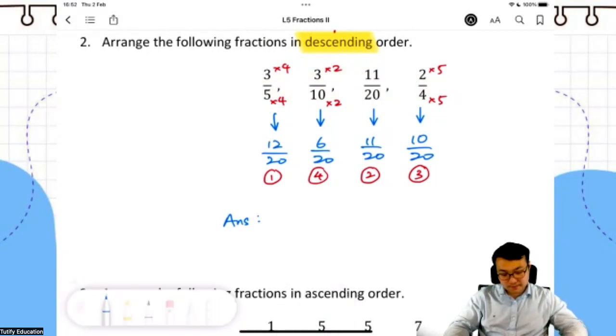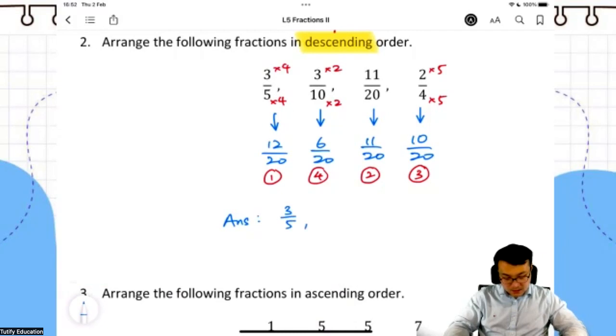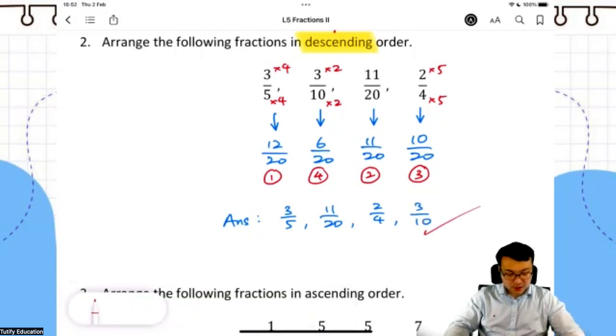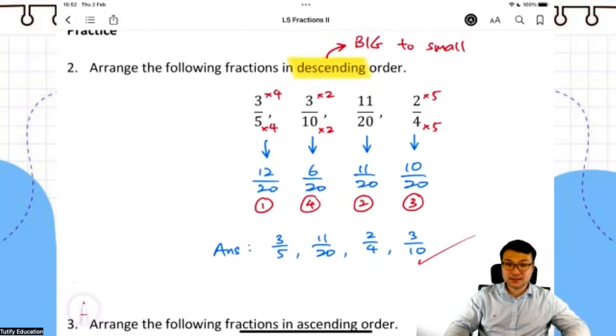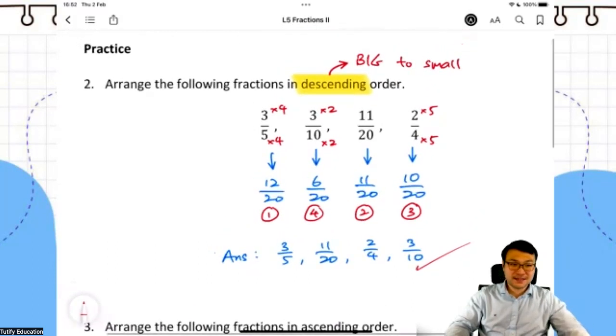So what will you write? 3 over 5. Next. 11 over 20. Good. 2 over 4. Good. 3 over 10. Well done, Abby. Good job. Any questions? No. All right. Well done. Anyone else has questions?